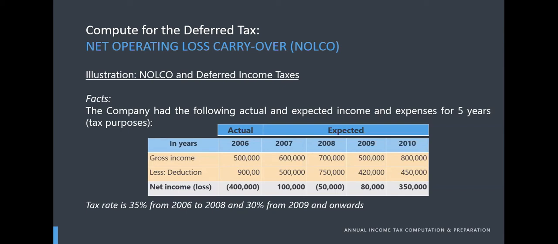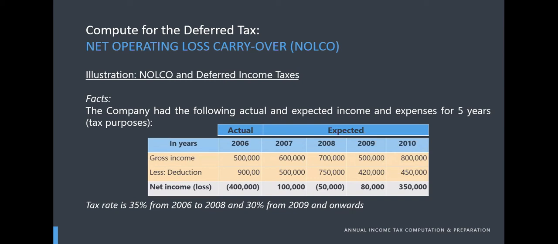Aside from the MCIT, we have a deferred NOLCO, which is considered also as a deferred tax. So how to compute for the NOLCO and the deferred income taxes. So again, here are the information for the company.